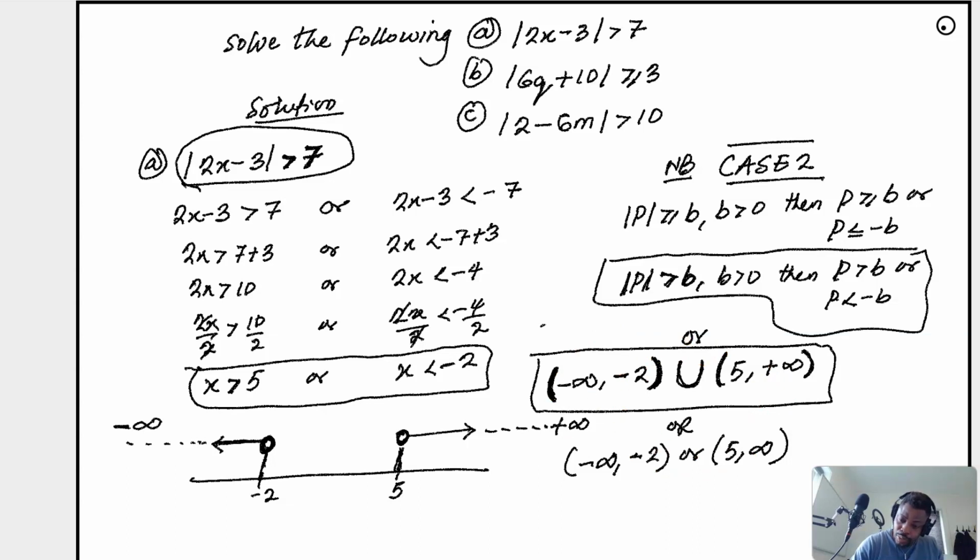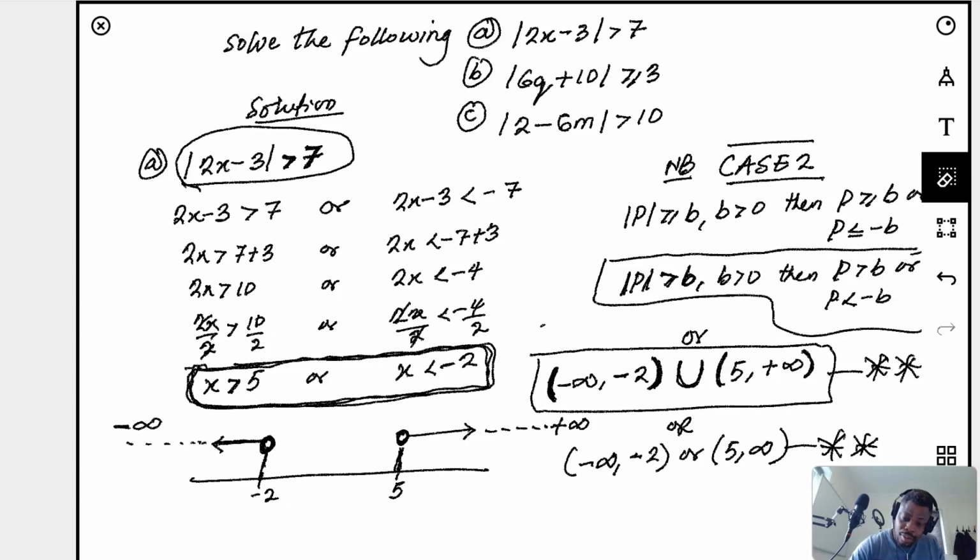You can leave your solution as an inequality solution, which is this, or you can leave it in interval notation solution. If you're asked to leave your solution in interval notation and you leave it in this form, that means you are wrong. Okay, now let's go to question B.